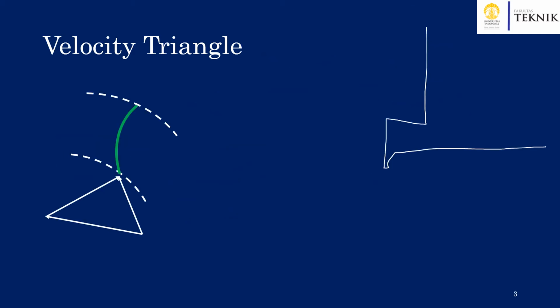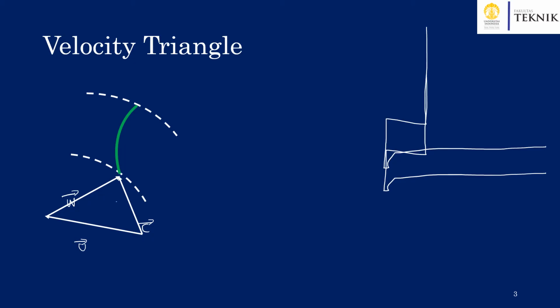So far we know that there are three velocity components that we need to construct a single velocity triangle. The first one is the vector W, or the relative velocity, and then the vector U, which is the blade velocity, and the other one is C as the absolute velocity.